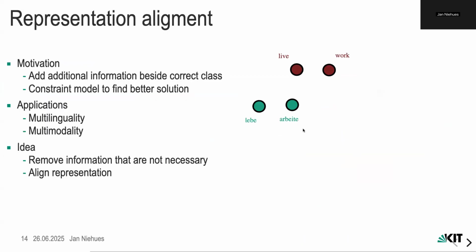So the idea in representational alignment is that during training, we add additional information besides the correct class. Here's a very simple example. You have 4 words, 2 in German and 2 in English. Just imagine you have a hidden representation mapping these words into a space.